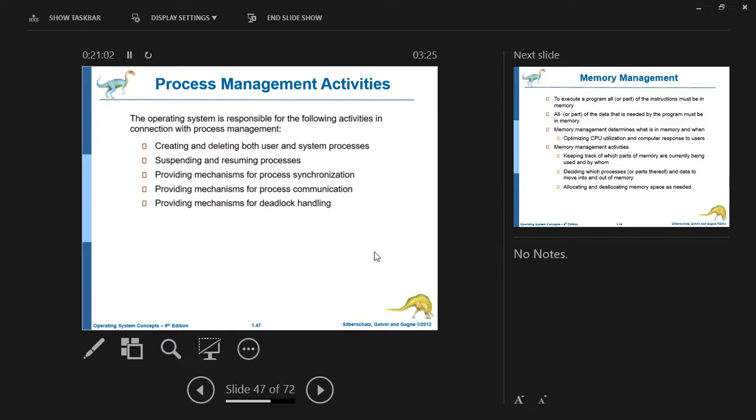The operating system is responsible for the following activities in connection with process management: creating and deleting both user and system processes, suspending and resuming processes, providing mechanisms for process synchronization, providing mechanisms for process communication, inter-process or intra-process communication, and providing mechanisms for deadlock handling, right?